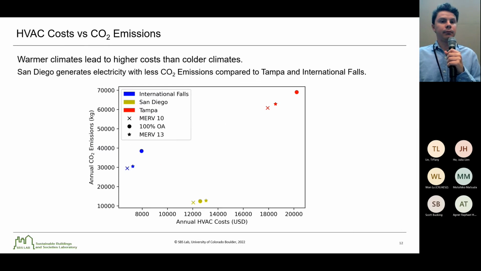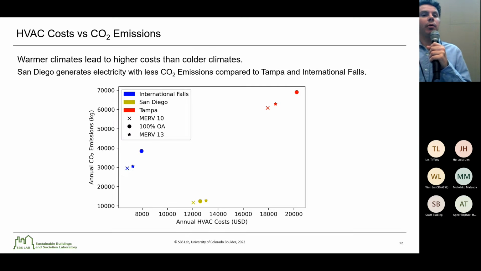So for our results, first a broad overview of the results. We have a couple of trends here for the different climates and the different mitigation strategies. We first see the warmer climates tend to lead to higher costs than colder climates.